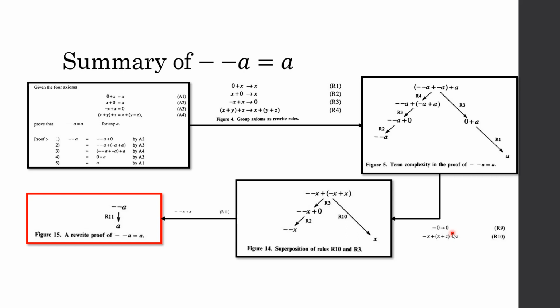Eventually all this narrows down to just a rewrite proof of negative a to a. And this rewrite proof is possible because of the superposition of all the initial rewrite rules and the new ones.